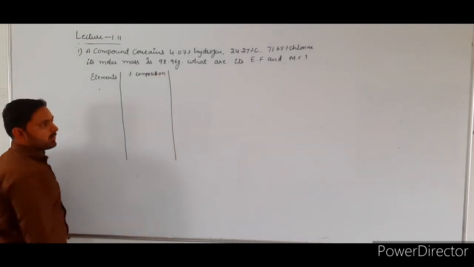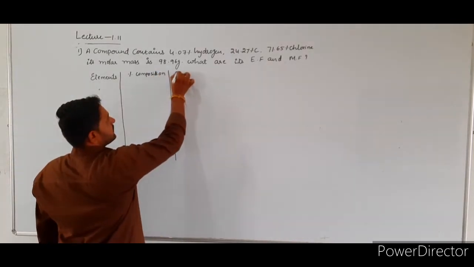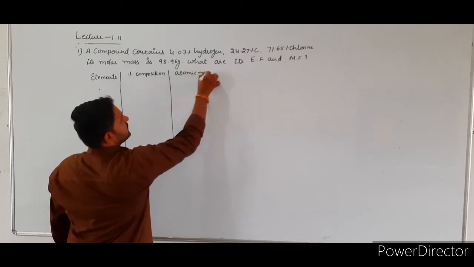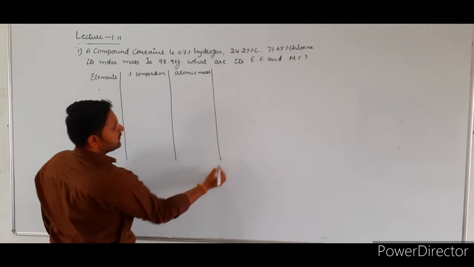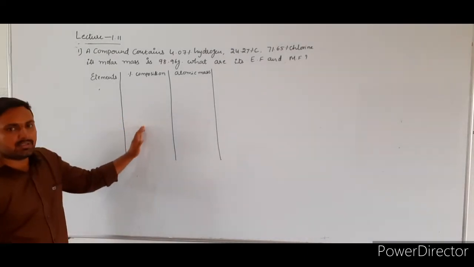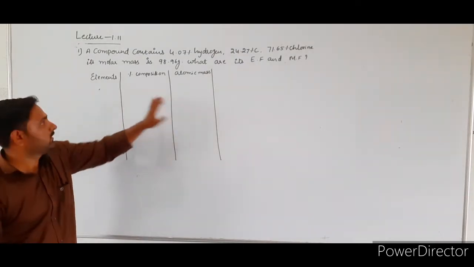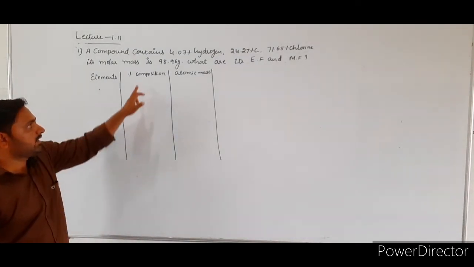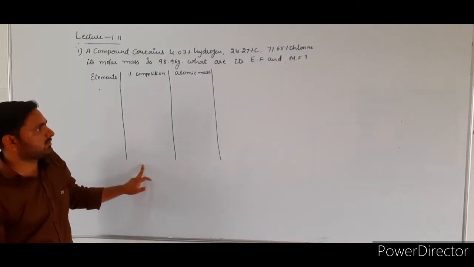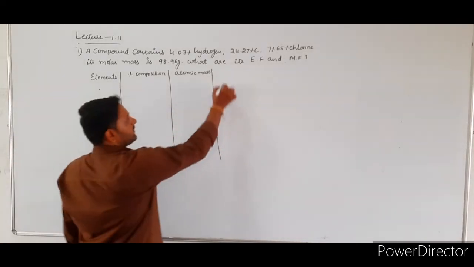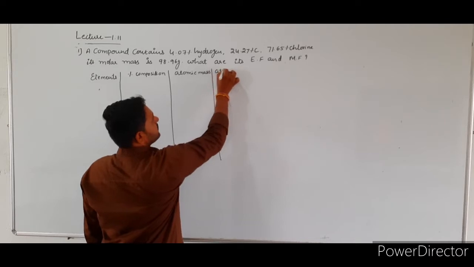In the third column, you write atomic mass. If you draw a tabular column, then you don't get confused. In the fourth column, you write atomic ratio.